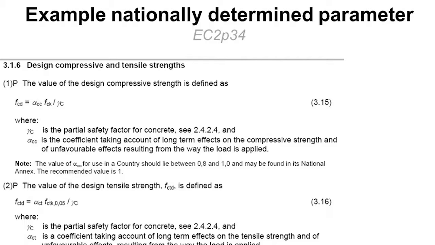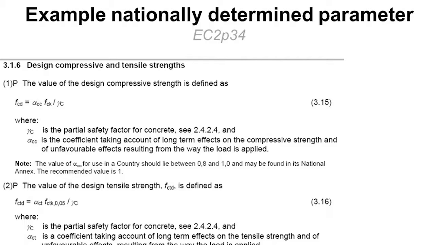And we've got this formula here: fcd equals alpha cc fck over gamma c. So you need to know a little bit of Greek, and a little bit later on when you scan through you'll find a page of the Greek alphabet and how to pronounce it.